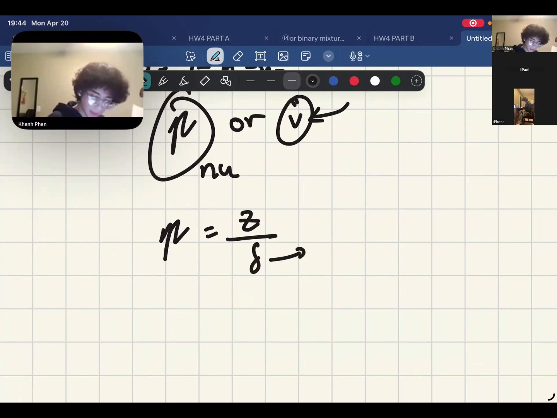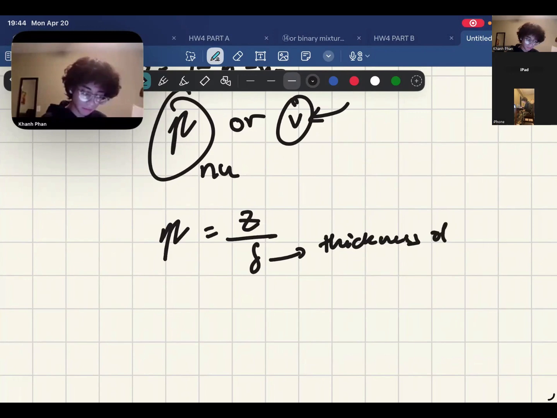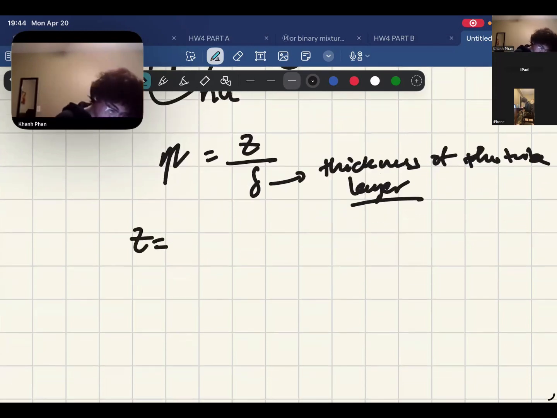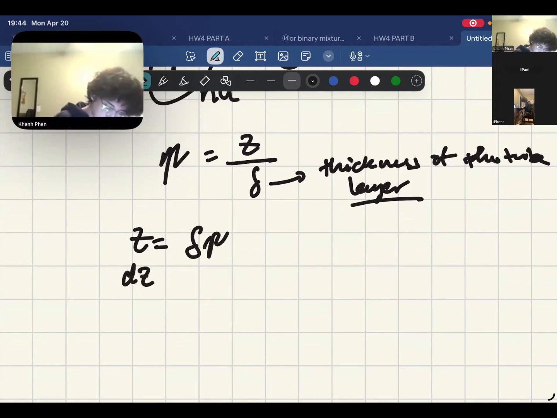This theta is just the thickness of the tube or layer. So we would have z is equal to theta times nu. dz would be theta times d nu. And now we substitute that into our equation.